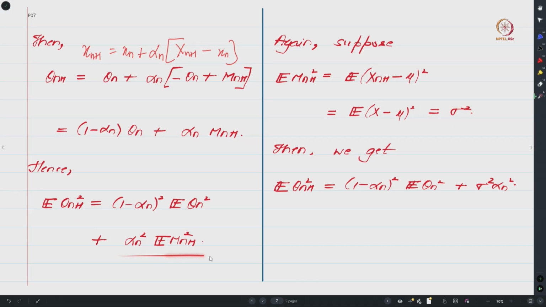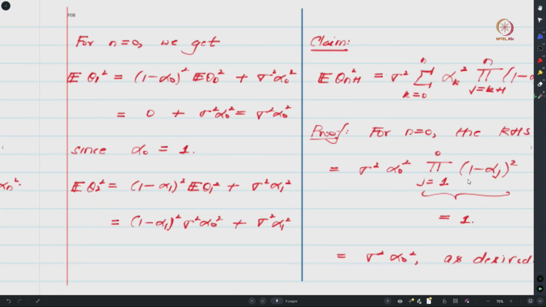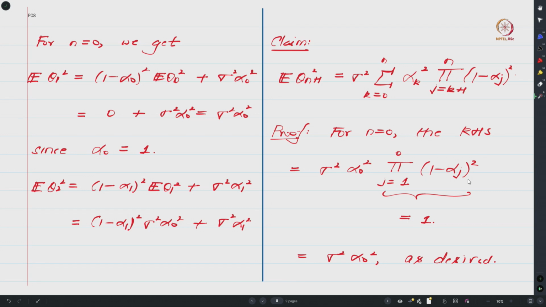And this expression then can be expressed in the following way, which is that the expected value of theta_{n+1} squared is (1 minus alpha_n) squared times the expected value of theta_n squared plus sigma squared alpha_n squared, right. Now again let us do some derivation of some expressions for small values of n, and based on those derivations let us try to come up with a conjecture which we will prove using induction, right.